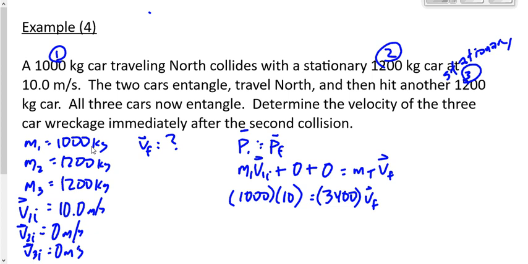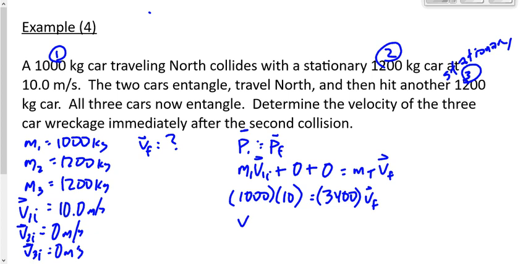So if you have the same momentum but now 3 objects, more mass, your velocity is going to be less. The mass is not exactly 3 times the mass, but it's almost, right? So I'm going to guess the velocity is going to be about a third, right?